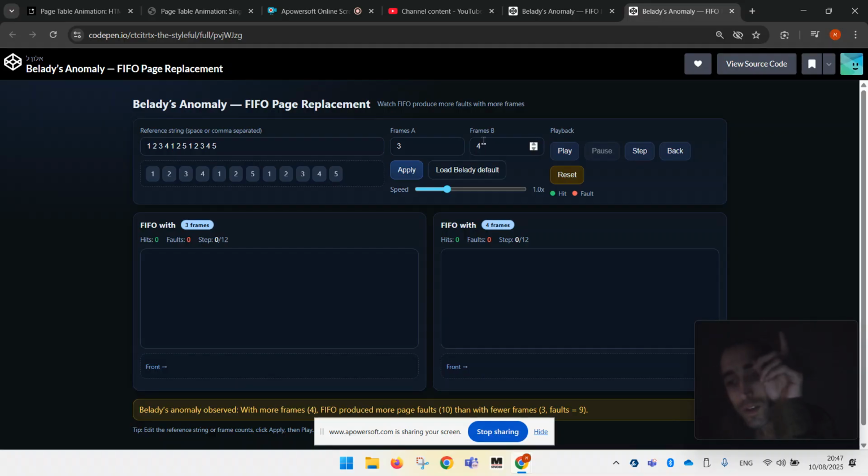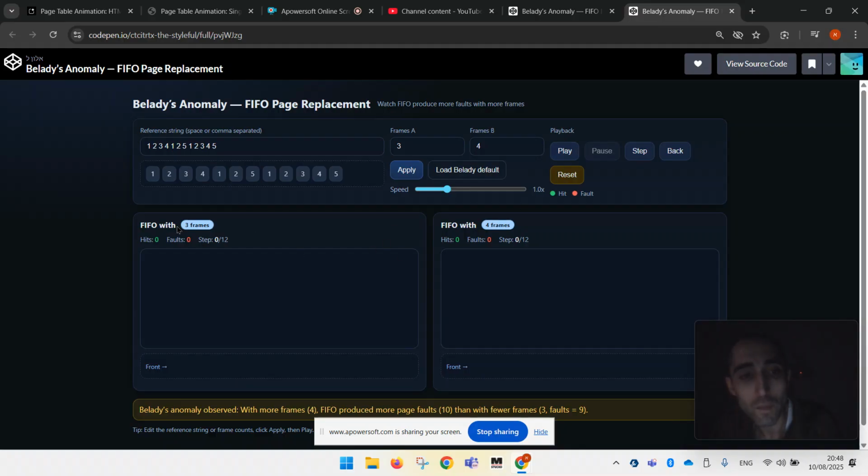The very interesting result that we sometimes get, and I precisely say sometimes because even in FIFO, it sometimes doesn't happen when we increase the frame number. But sometimes, and this is the anomaly, Belady's anomaly, we get more faults with the increased number of frames in the page.